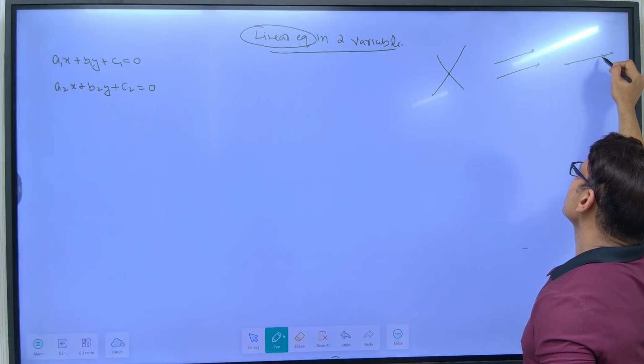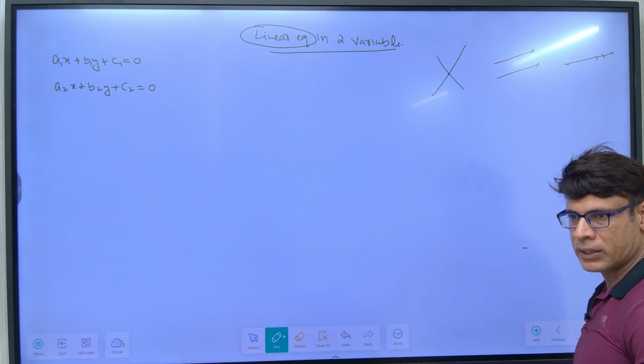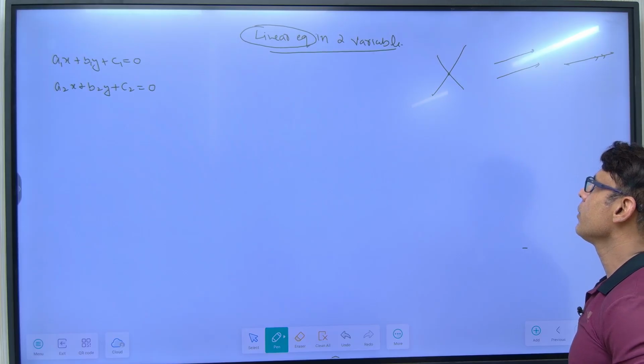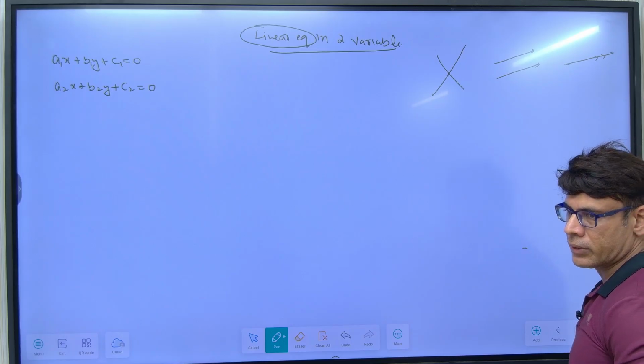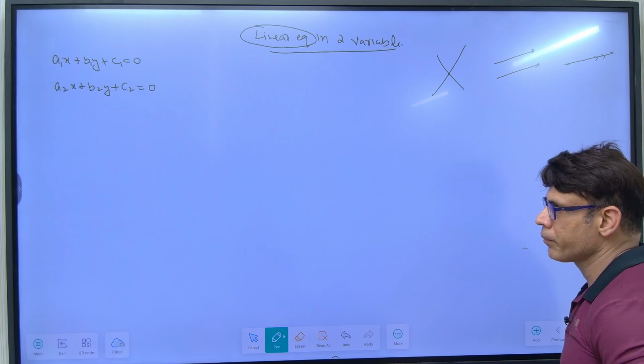What is the meaning of coincident? Superimposing each other, right? Three cases are possible. But how will we come to know whether lines will be parallel or intersecting or coincident? So there should be some predetermined conditions which you should know.